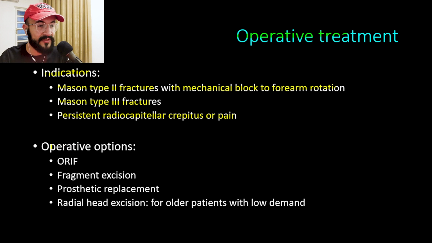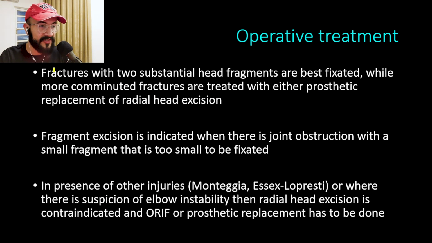The operative treatment options include open reduction and internal fixation of the radial head and neck, fragment excision, prosthetic replacement, and radial head excision, which is suitable for older patients with low demand. Fractures with 2 substantial head fragments are best fixated with open reduction and internal fixation, while more comminuted fractures are treated with either prosthetic replacement or radial head excision.